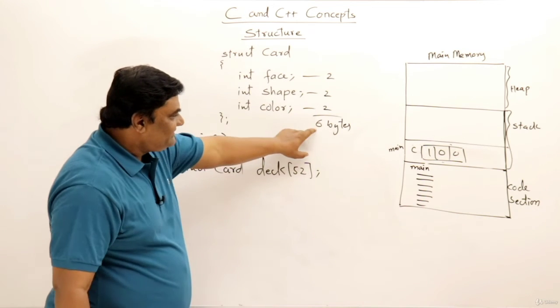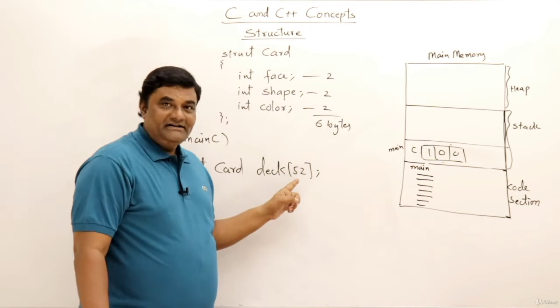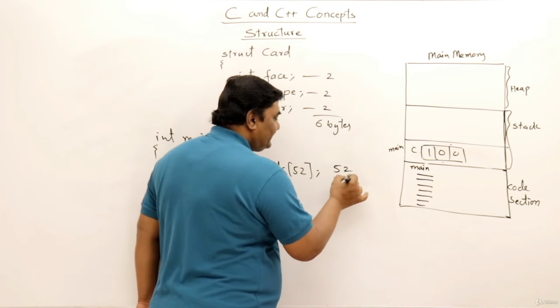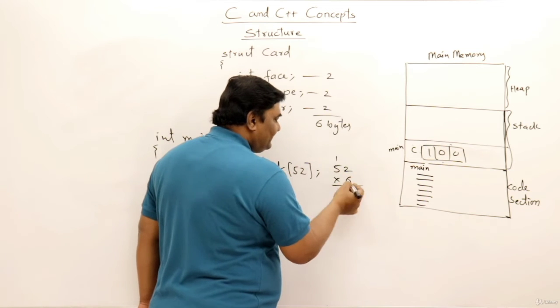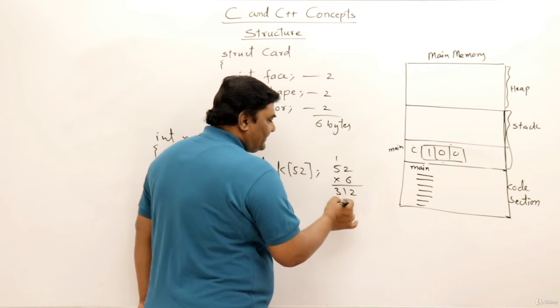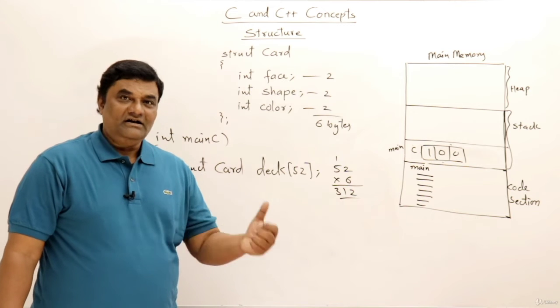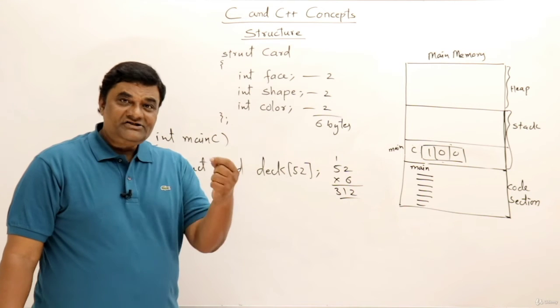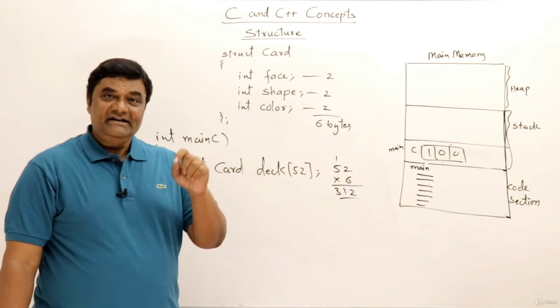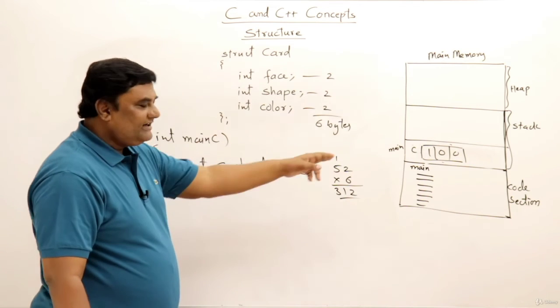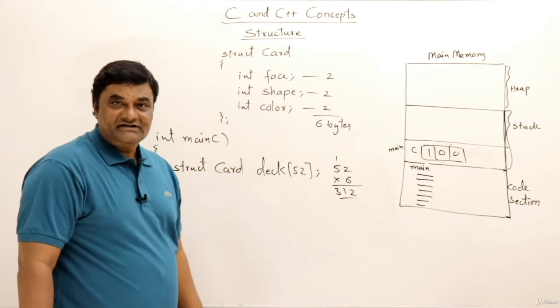So I'll be having 52 such structures. One structure is taking 6 bytes. In total, how many bytes will it take? It will take 52 into 6 bytes, right? So 312 bytes it will take. So I'll get 52 different cards. Now each card I can access with the help of its index. I can also initialize this array of structures.